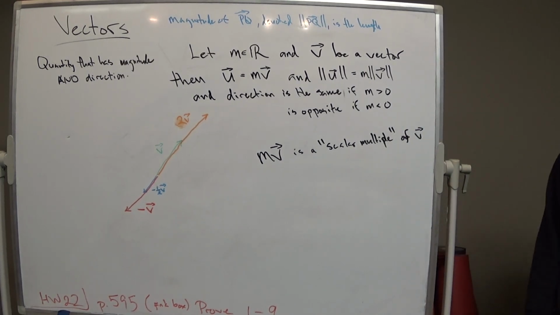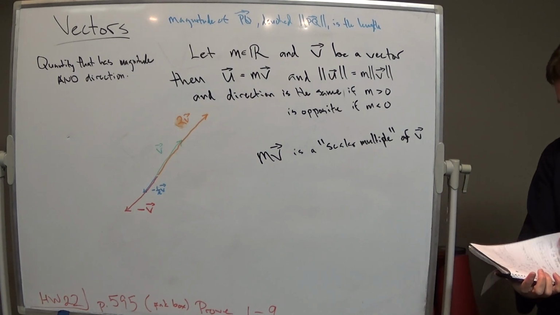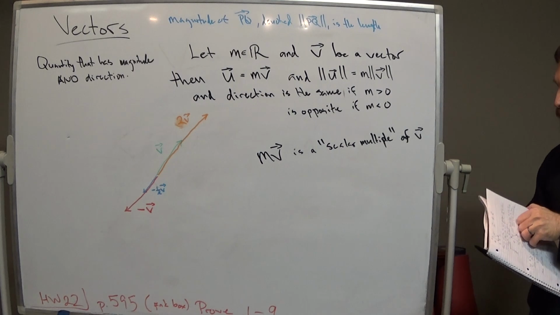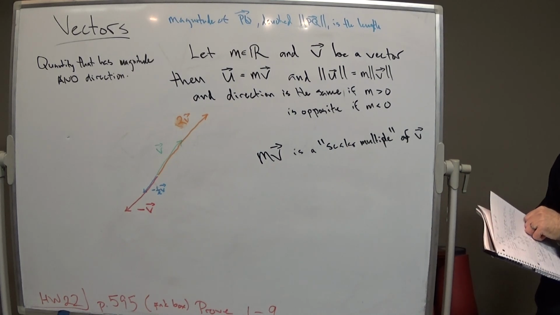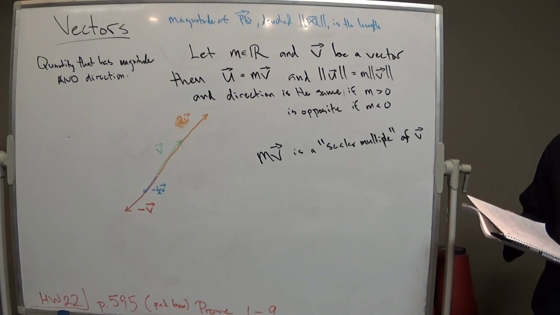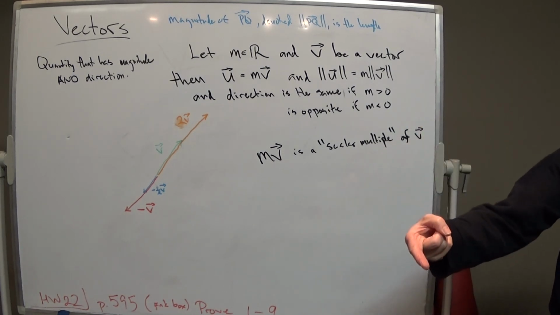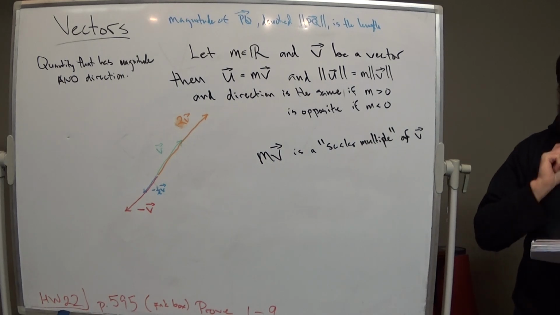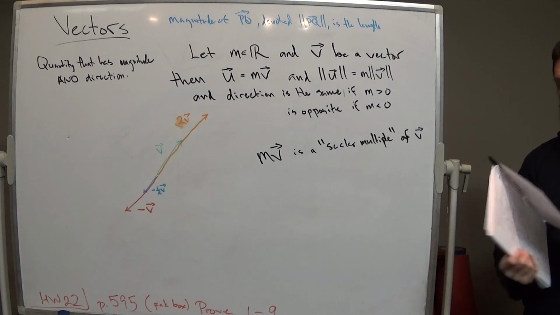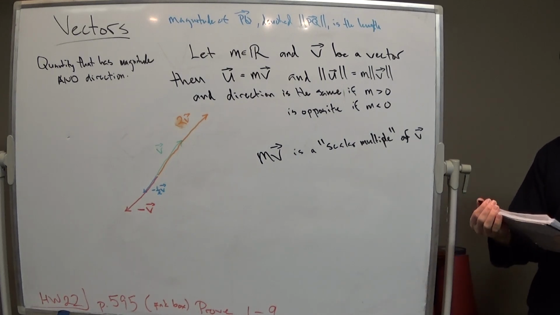Now let's make this concrete. Everybody with me? Any questions about any of this? So negatives just flip a vector like a graph? Yeah, exactly. It just flips it in the opposite direction. And we'll see that in just a second. Like when we make this concrete, this will be good.